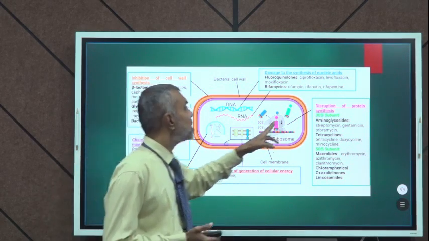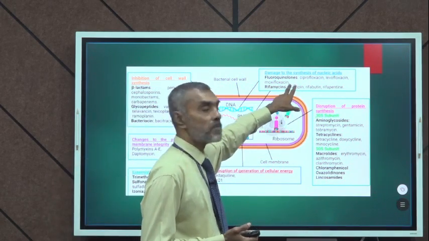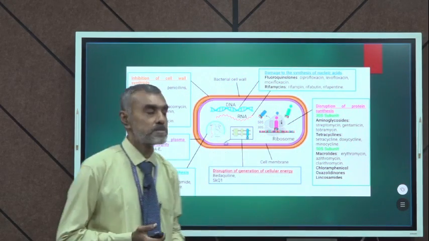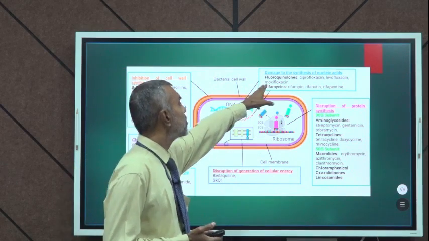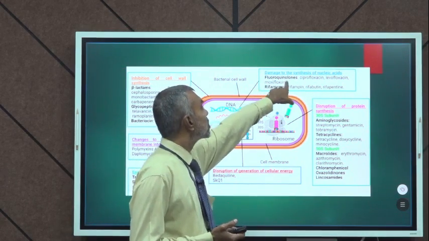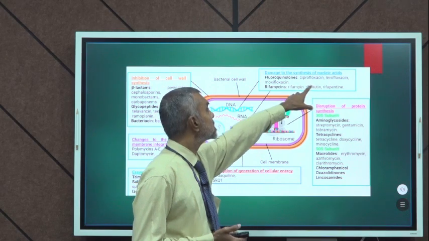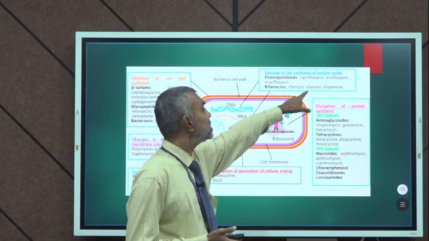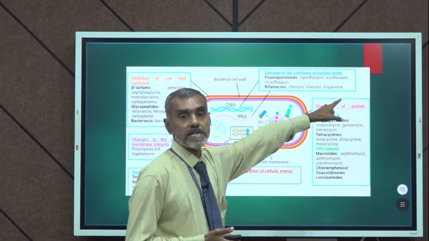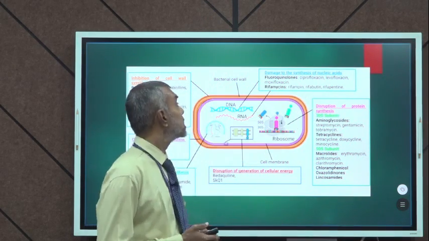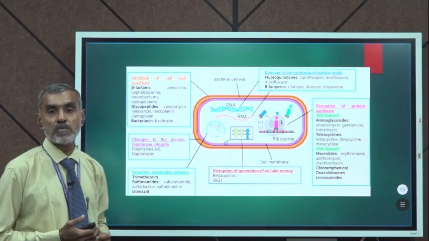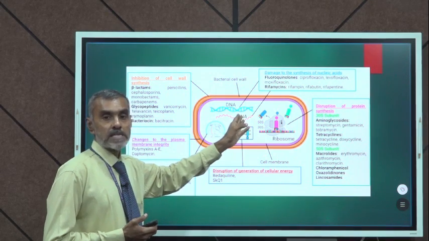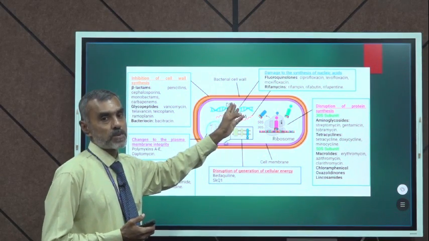And the next major action by the antibiotics is damage to the synthesis of nucleic acids. Some examples are fluoroquinolones, ciprofloxacin, levofloxacin, moxifloxacin, and rifamycins: rifampin, rifabutin, rifapentine. These antibiotics act over nucleic acid synthesis, either RNA synthesis or the DNA replication process.